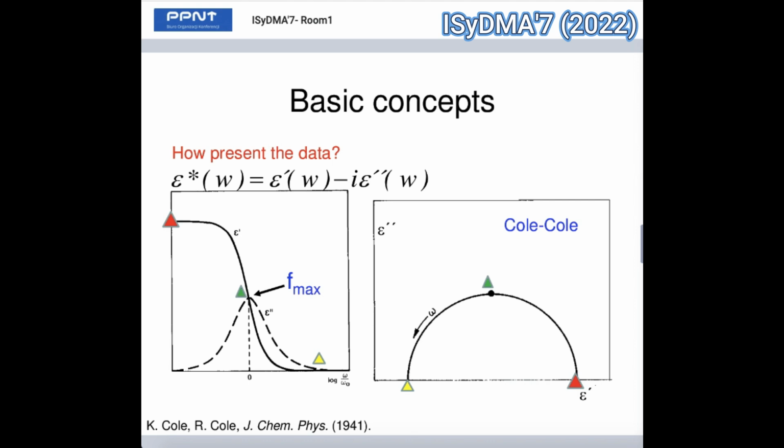And this corresponds exactly to this maximum frequency here, okay? So this representation, I will show, is very useful for us to understand materials, and what kind of information we can have from it.